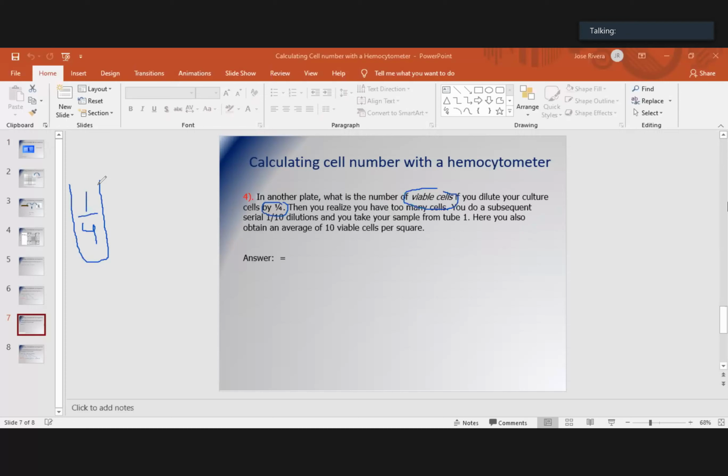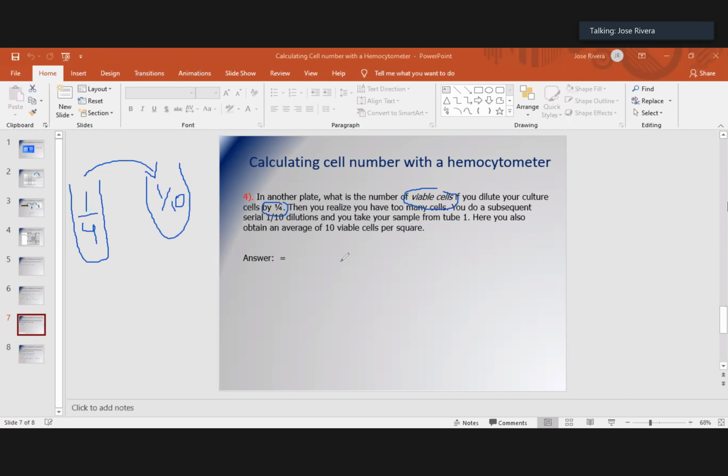But then you realize, let's say these cells are in a test tube, you had too many cells here. So you diluted again, and this time you diluted 1/10. So you went to 1/4 and then you diluted to 1/10. So this is doing a 1/10 dilution.